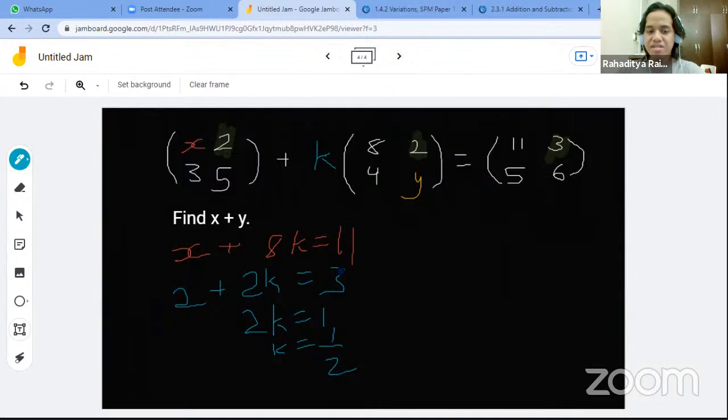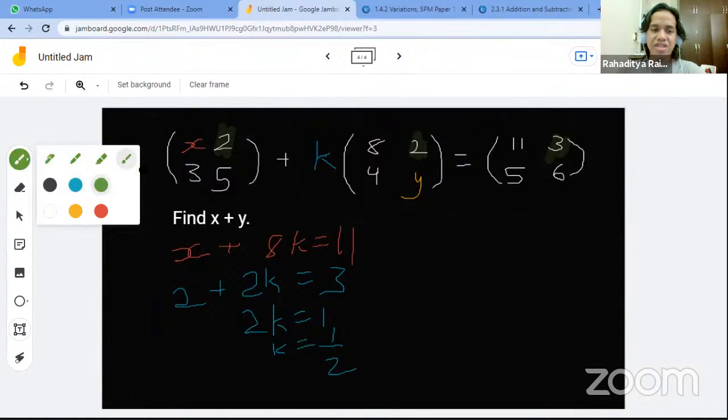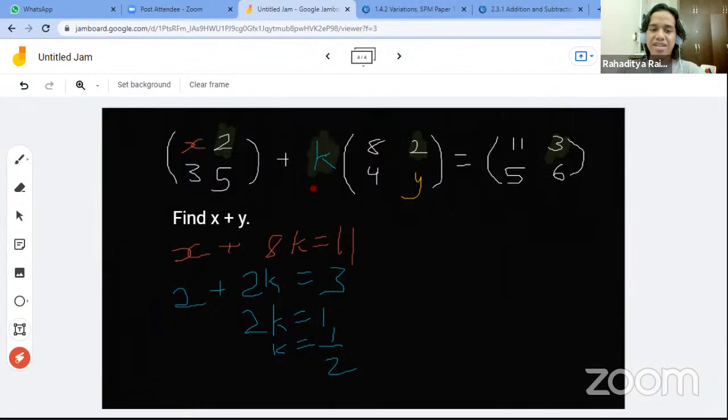Before we go on to that, do you guys understand why k is equal to 1 over 2? Or do you want me to explain it a bit more? Actually, I can just explain this quickly.